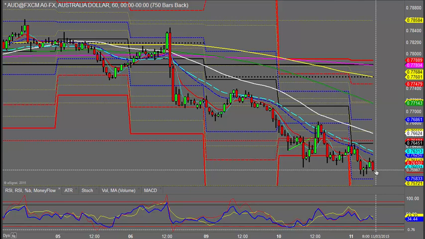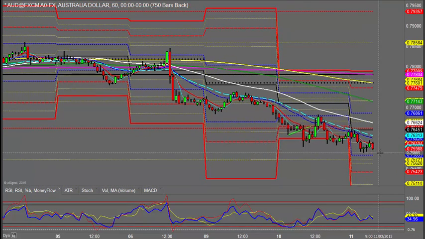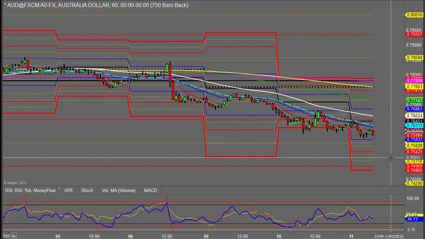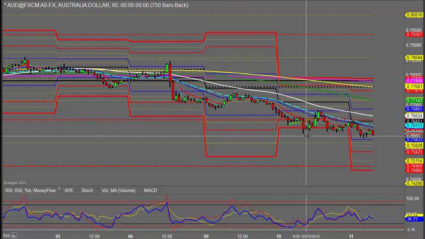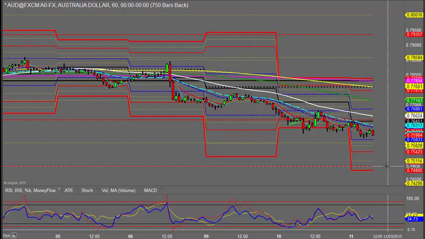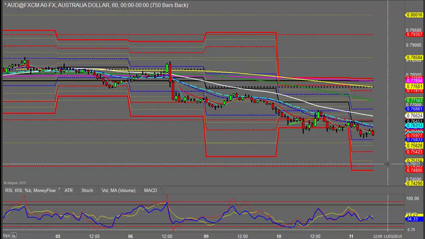So all in all, looking relatively weak. If we break the Asian session lows here, we could just continue south. There's little in the way of support really from the longer time frames. You've got to go right the way back, heading back down towards that 75 area, which is not too far away now, and that may just provide a bit of support. It's quite a key number.